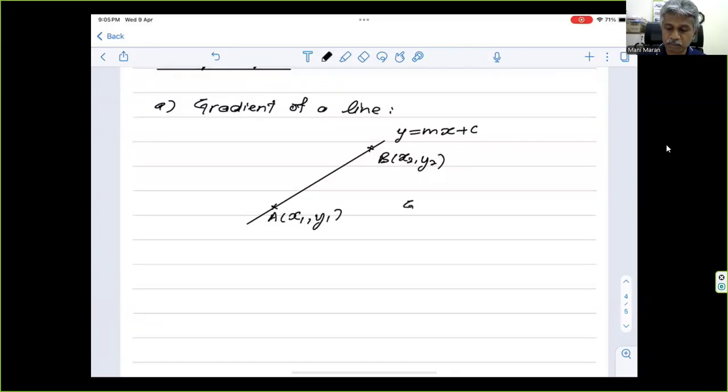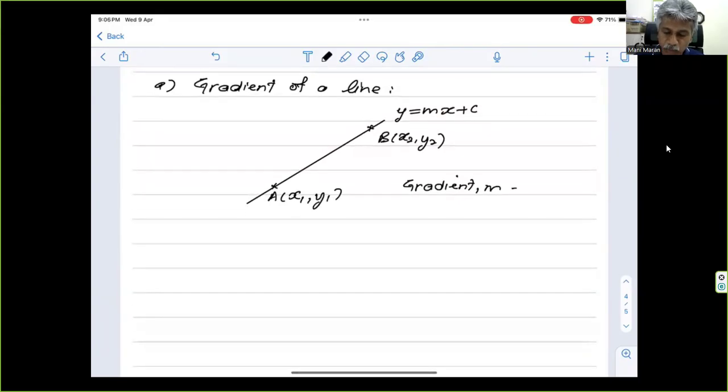Gradient is given the symbol m. So gradient will be equal to (y2 minus y1) divided by (x2 minus x1). So that is the gradient.